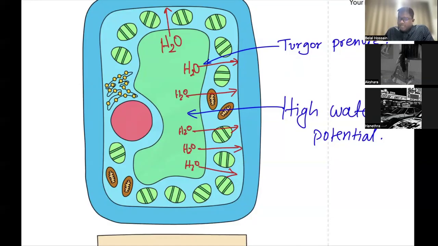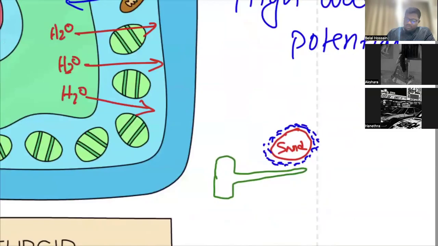But what you have to understand here is that sand does not get dissolved. Let's say this is sand, and water can easily surround the sand. The water will neither penetrate the sand nor dissolve it. So if a root hair cell is right next to it, the root hair cell will just drink up that water. There will be no problem whatsoever, even if there is a lot of sand and very little water.